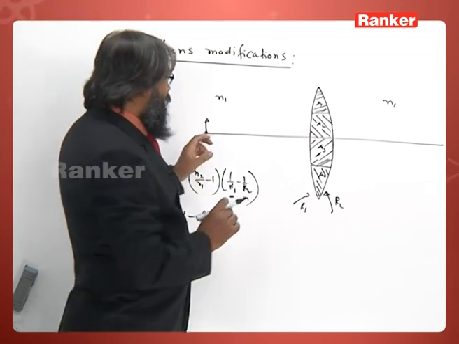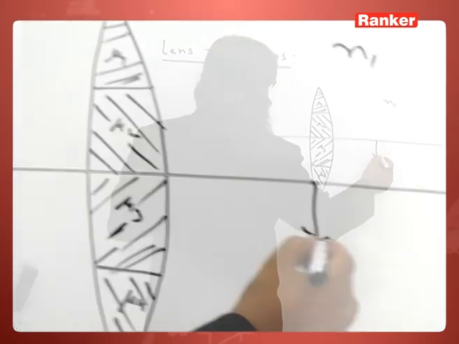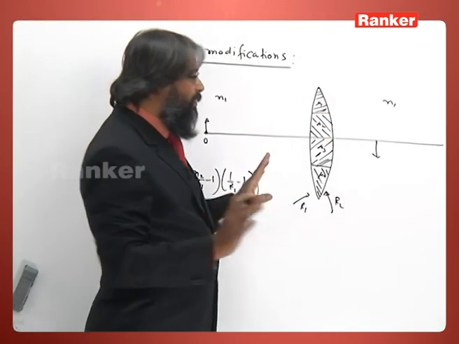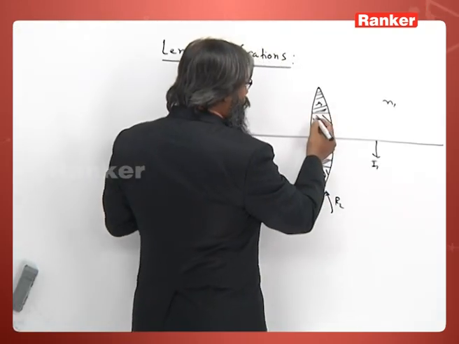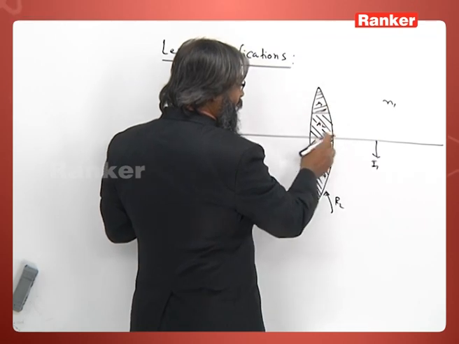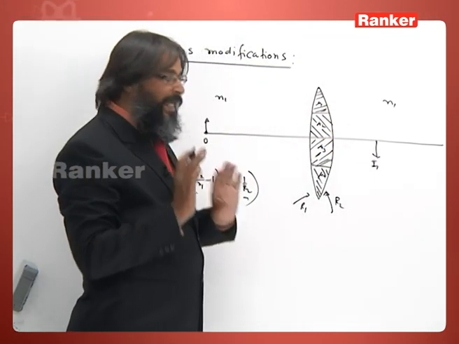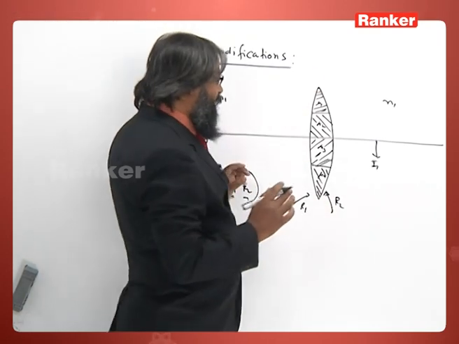That means, due to this portion, you see this portion acts as a full lens and makes an image I1. Mu2 forms, this is a portion of a lens, but this portion also forms the same image which a full lens can form. Simply the intensity will be different.